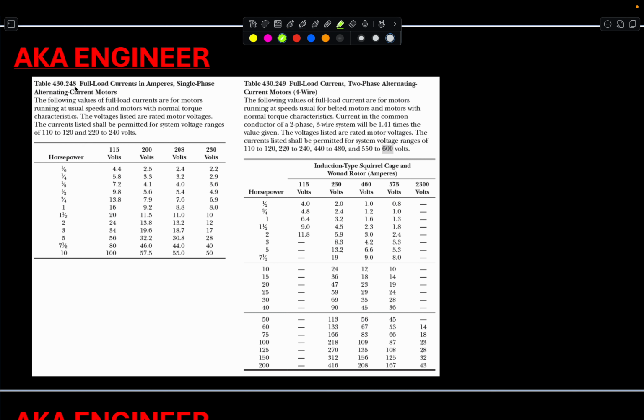Then 430.248 and 249: 248 is for a single phase AC motor, and then you have one for two phase. So if you're given a scenario to solve for an AC single phase motor, this is where you would reference, based on the voltage it's connected to, given the amperage. Same thing for the two phase.